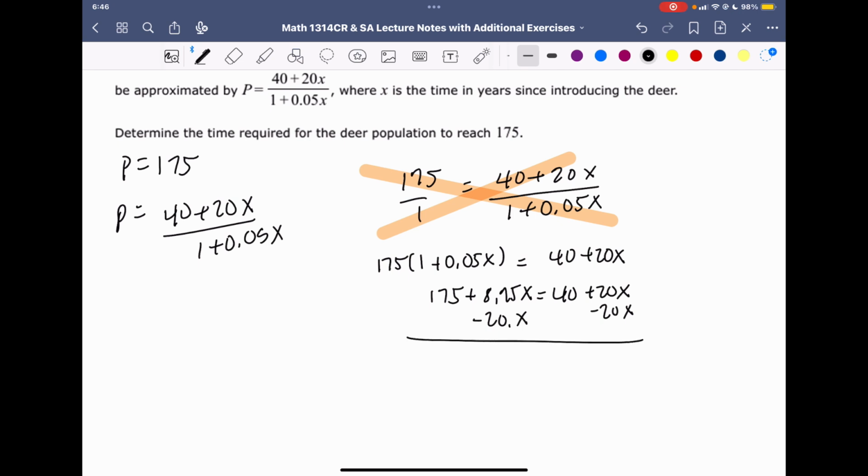And then it's going to be 175 plus 8.75 minus 20 equals negative 11.25x equals 40 minus 175.